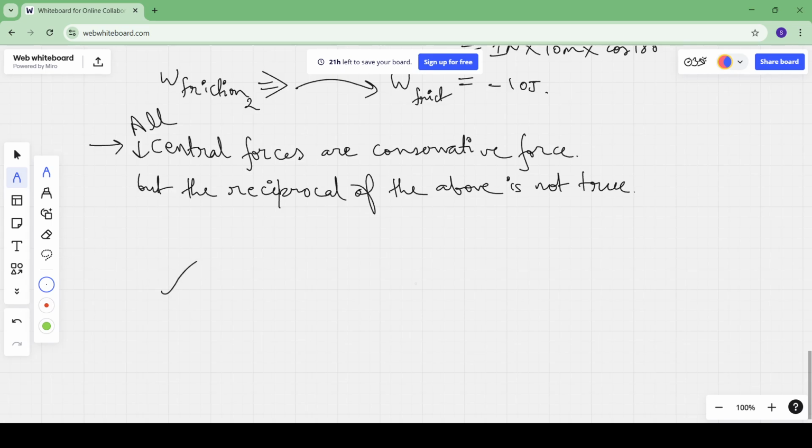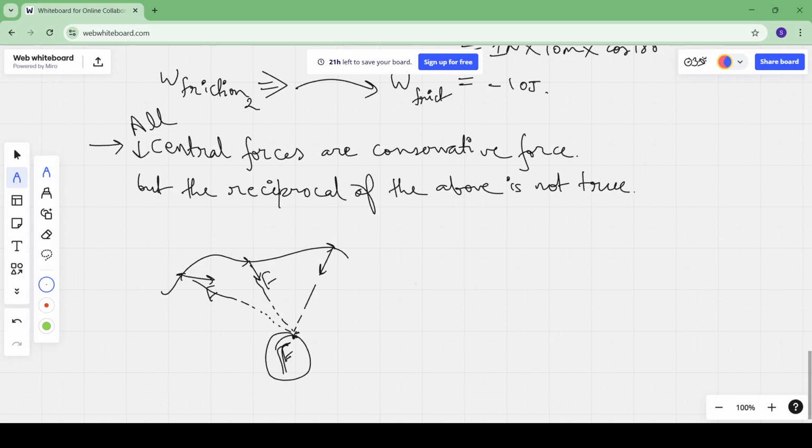A central force is this: if an object is moving along this path and facing a force like this, and if you extend the direction of the force and all the directions meet at the same point, then we can say this force is a central force.